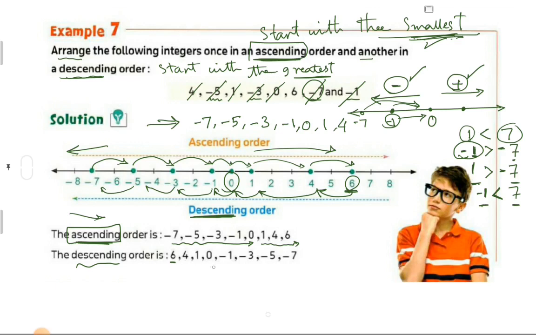Now you start the negative part with the smallest digit: negative 1, negative 3, negative 5, negative 7. Always about the ascending order, you start from the left side going to the right side. But descending order, you start from the right side going to the left side.